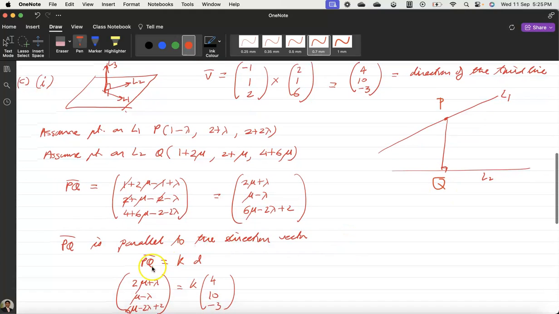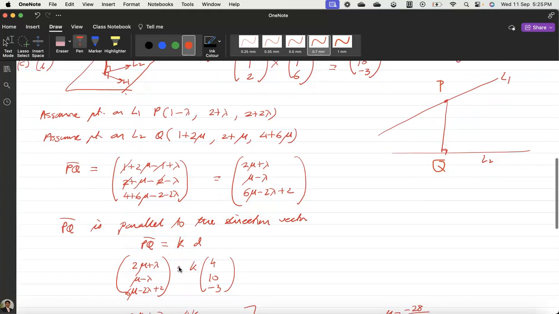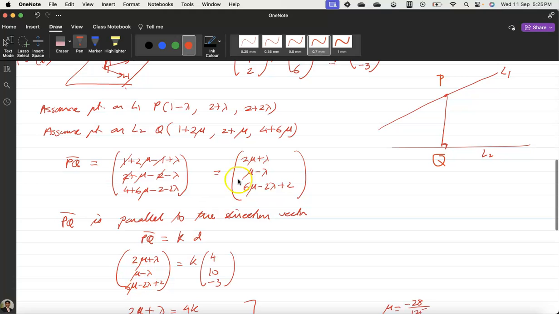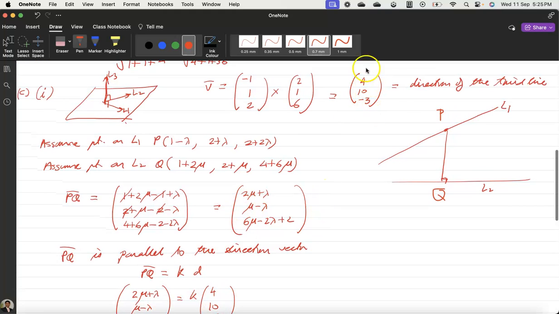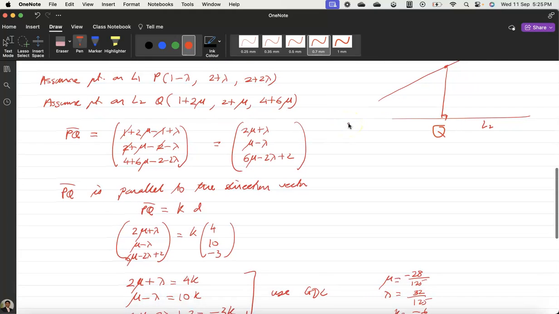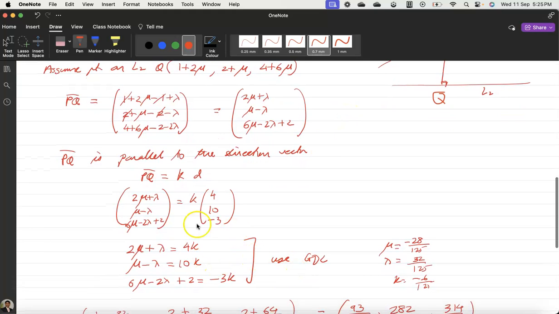So PQ is equal to kd, where k is some scalar and d is the direction vector that we got in the earlier part. You put these three equations in your GDC. Once you put them in the GDC, you'll get the values of the three variables, obviously, as there are three unknowns: mu, lambda and k.